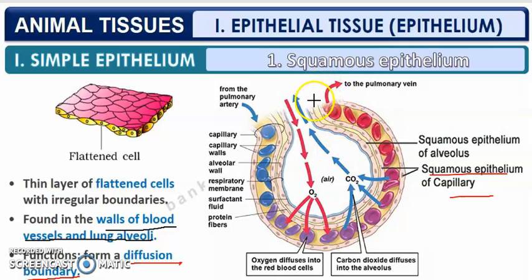By collecting all the carbon dioxide rich blood from different parts of the body, the blood will reach the lungs, and here what happens? Carbon dioxide is given out and oxygen is taken in.